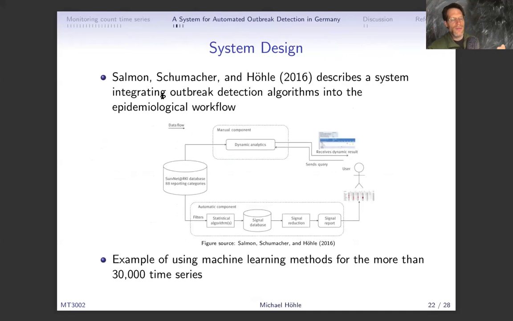And if you are interested in the details of how you get such an algorithm, it's not rocket science, I would say, but you get it placed into a system in a public health institution where people are actually going to use it and depend on it. What are the steps that you need to do? This is really going more in the direction of IT, but for modern data science, this is the way you have to go.